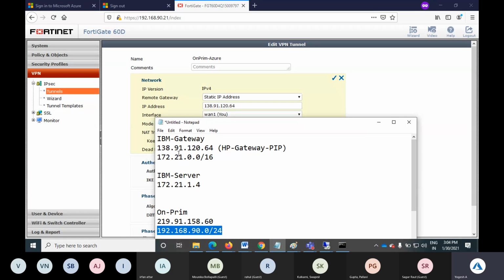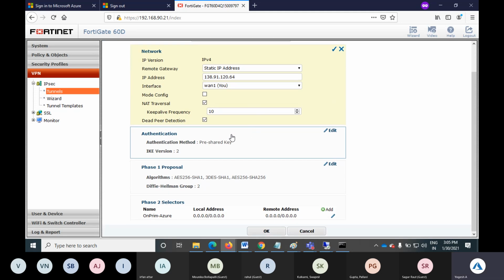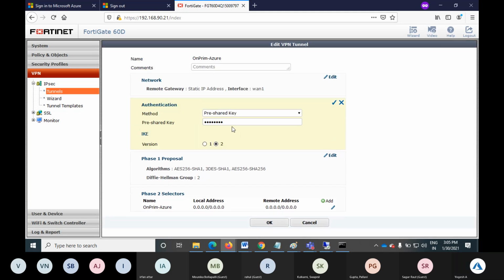Can you use the same one? Yes, try that one. Preset key, let me update one more time. Yeah, IKEv2 we are using here.